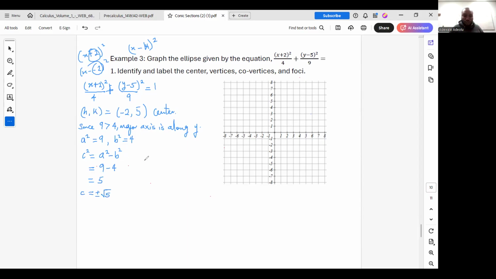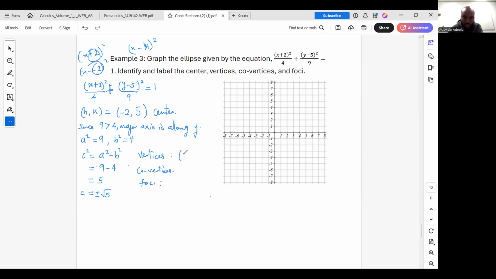Now, what we do is to find the vertices, co-vertices, and foci, because those are the things we need. So, vertices.